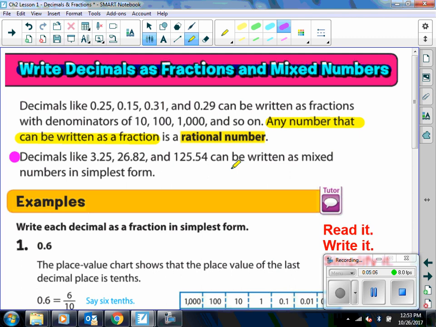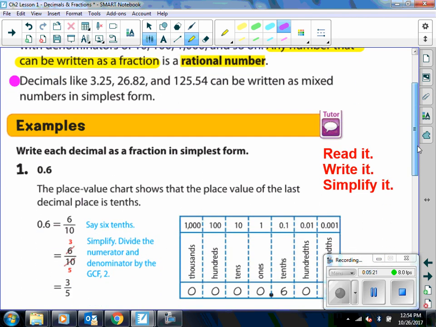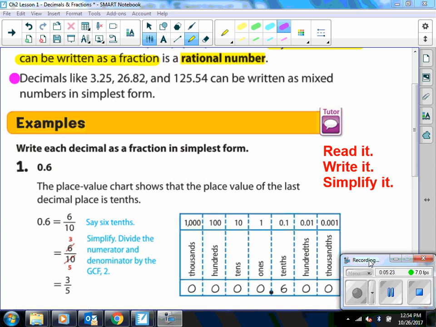Now, for this example, okay, we want to write each decimal as a fraction in simplest form. So when we write a decimal as a fraction, we want to read it, then we want to write it, and then we want to simplify it. Please make sure you write this down in your notes. Read it, write it, simplify it. Write that down in your notes, okay? And when we read it, we want to read it correctly, okay?